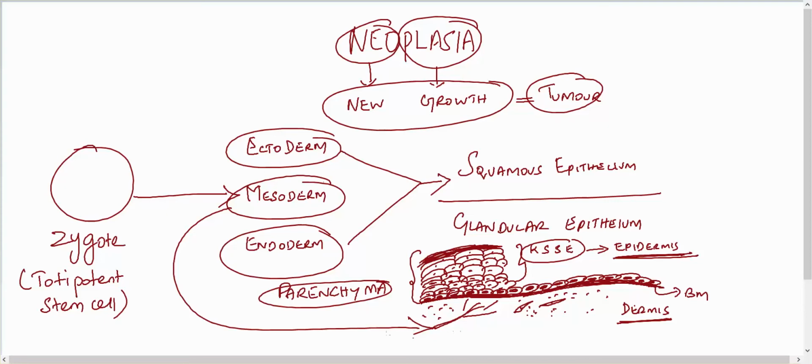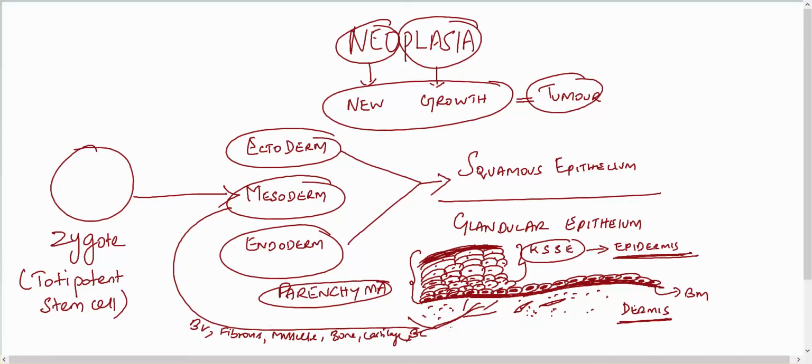Blood vessels, fibrous tissue, even muscle, bone, cartilage, these are tissues that come from the mesoderm. And blood cells, so there are many tissues that come from the mesoderm.